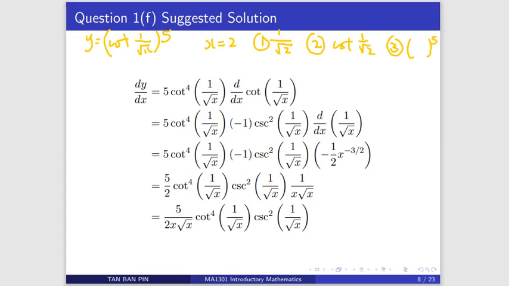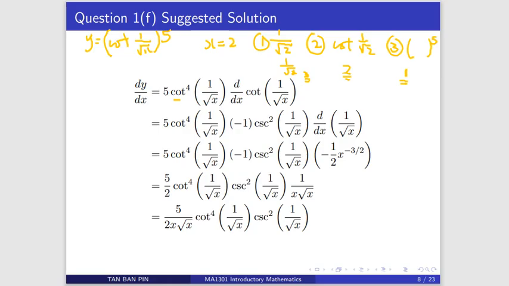So next when you do differentiation, the first thing to do is to differentiate power 5. The second thing is to differentiate the cotangent. The third is to differentiate the 1 over square root x. That's what you're doing.